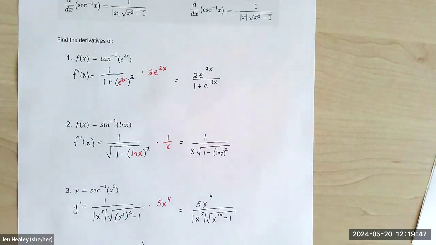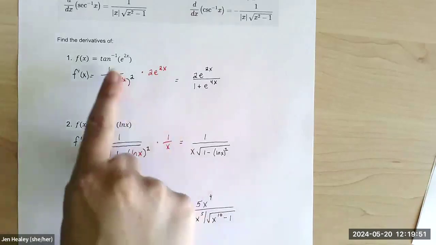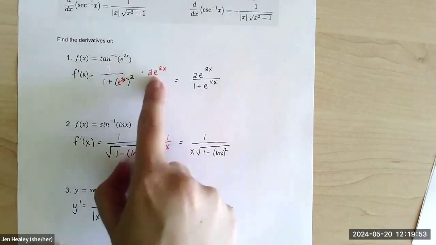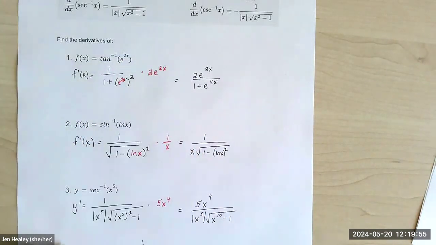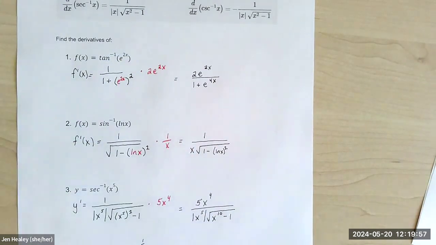Or if it was e to the pi x, you would do e to the pi x times pi. Because ours was e to the 2x, it's going to be e to the 2x times that 2 out front. The e rule is write exactly what you see, and then chain rule the actual exponent part.